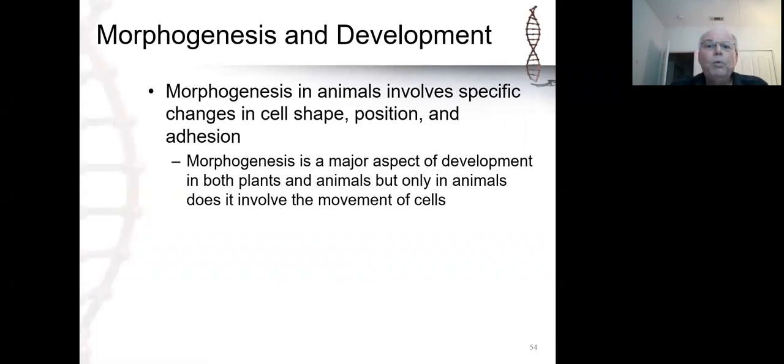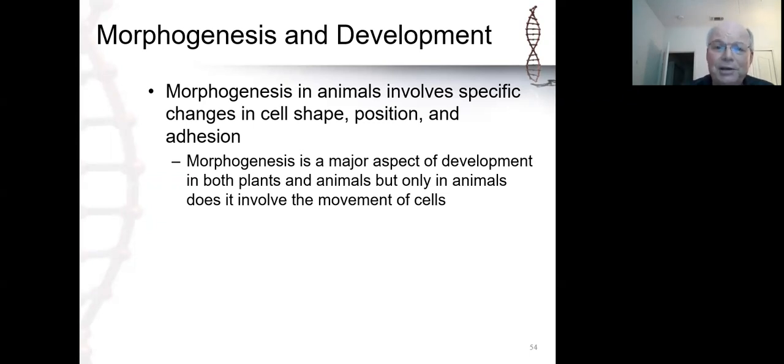So one of the important things to understand about both organogenesis and gastrulation is that there is a lot of movement of cells. The cells are moving from one place to another, which we refer to as crawling. They're also going to be changing shape, and we've already seen that in the formation of the neural tube.